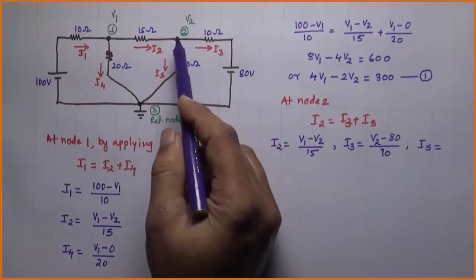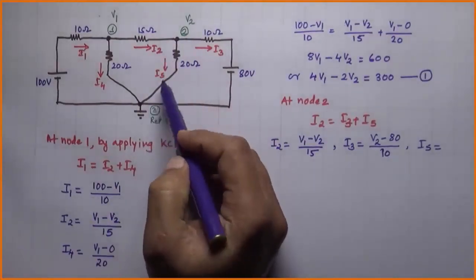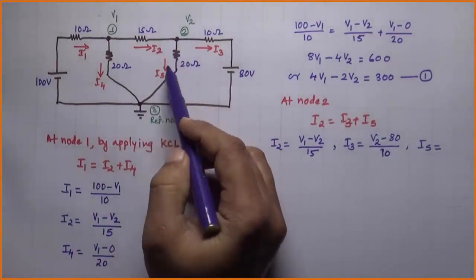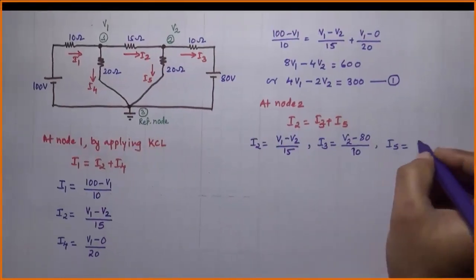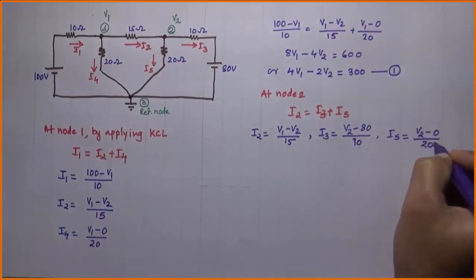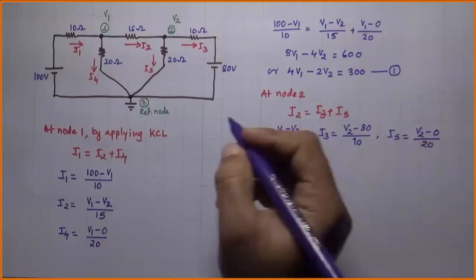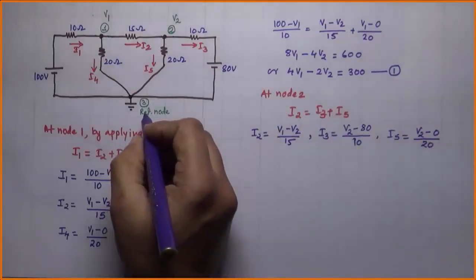I5 is the current flowing from node 2 to reference node, so potential difference between these two nodes is V2 minus 0 divided by 20, where 0 is the potential of a reference node connected to ground.